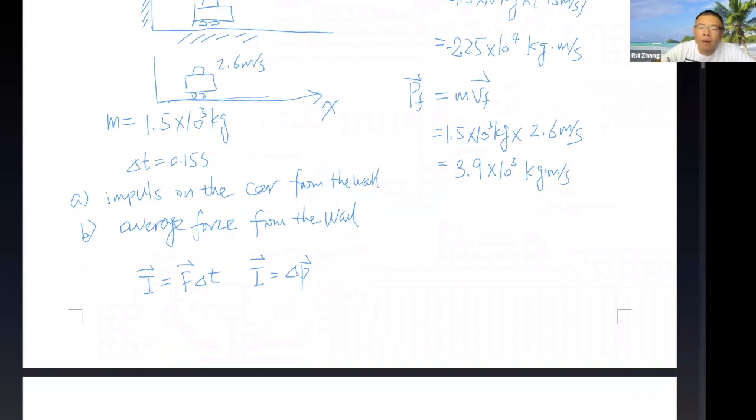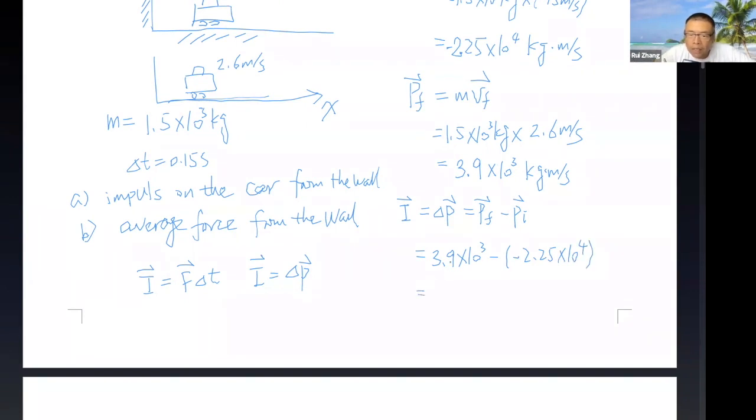From there, we can figure out the impulse, which is just the change of momentum, final minus initial. Here's the thing: you have a positive number minus a negative number, so you have to keep the sign of everything. I have 3.9 times 10 to the third minus negative 2.25 times 10 to the fourth. You need to keep the minus sign here.